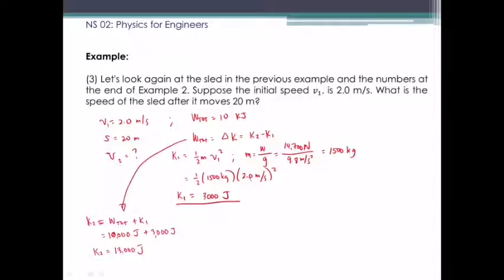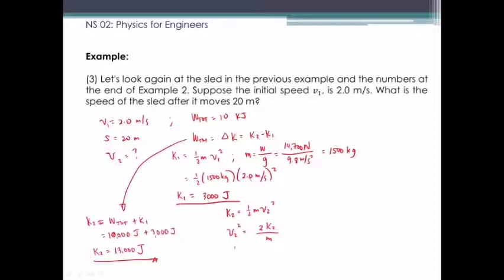Okay, so that you can now solve for V2 from the kinetic energy formula, 1/2 m v2 squared, so that you can have your V2, that is 2 K2 over m.